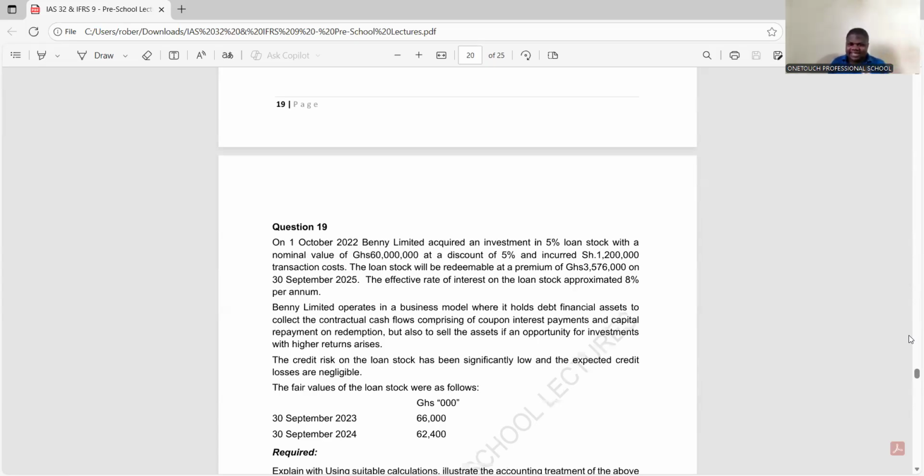Just go and read and check whether you will know whether it's amortized cost, fair value through P&L, or financial liability. Get to know if there's any of them that after reading you didn't get the concept. When we meet, let me know, then I'll explain it.